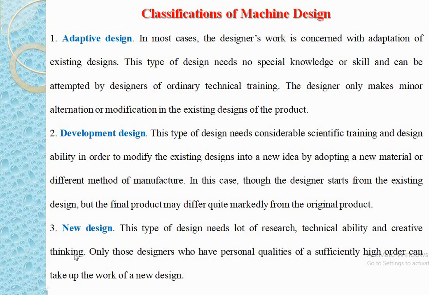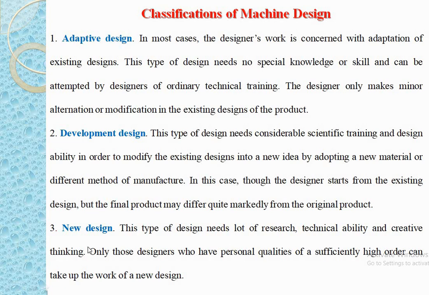So there is no use of the existing design. It is just a creation of a new idea. Though it uses scientific principles, it is a creation of a new idea: a new machine component, new member, new drawings, by looking into the customer needs. That is the new design, which requires research, technical ability and creative thinking.